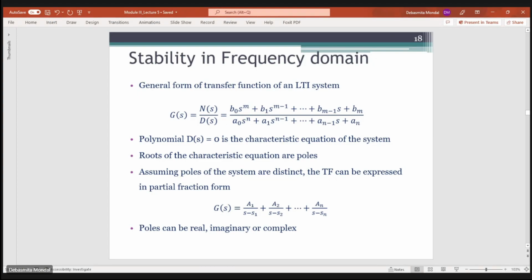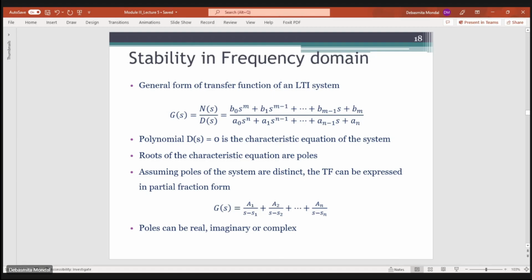Now let's assume that these poles are distinct. Then we can express this transfer function in partial fraction form: a1 by (s minus s1) plus a2 by (s minus s2) till an by (s minus sn). Since the order of the system is n, there will be n roots present in the system.